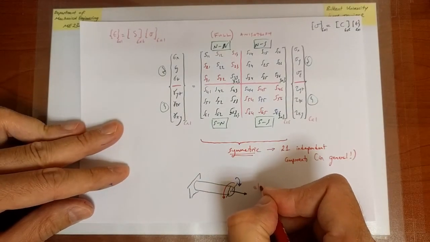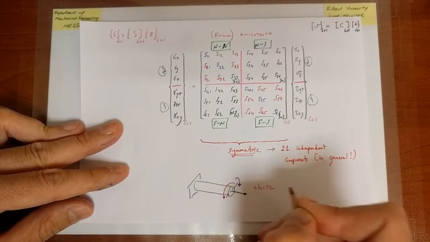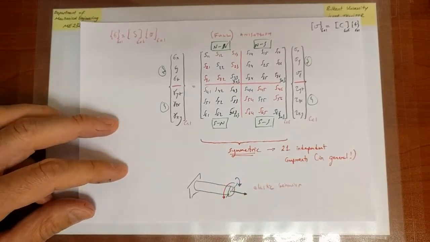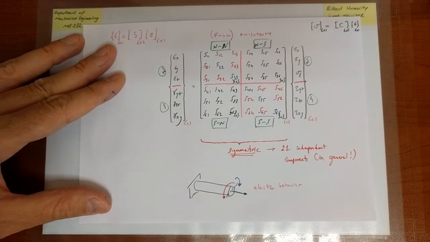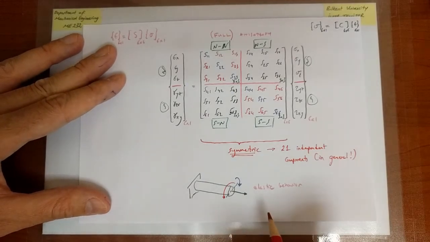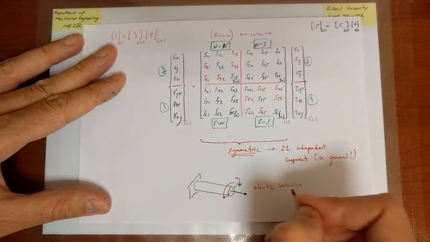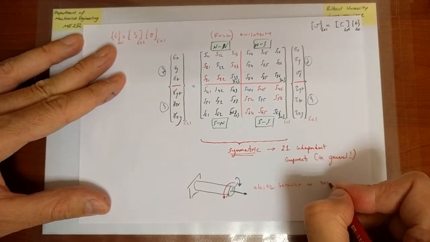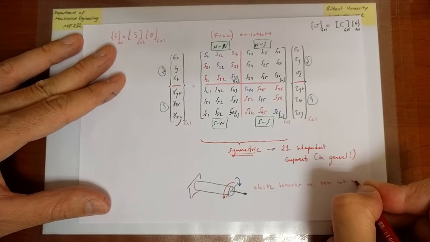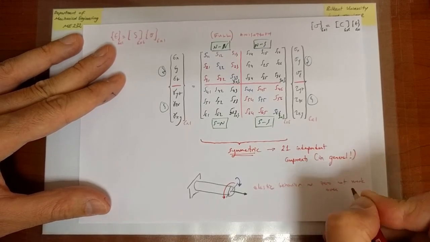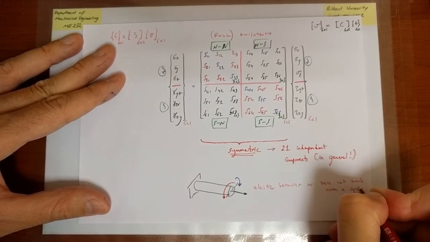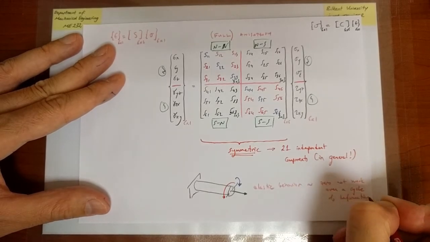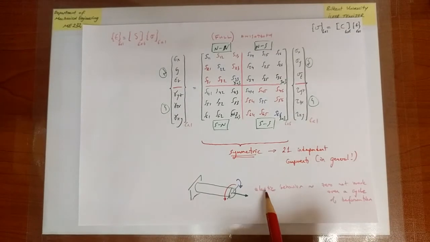So an elastic material behavior is one where you expect, and in fact this argument is irrespective of whether the deformations are small or not, but the argument is that elastic behavior is associated with zero net work over a cycle of deformation. Now, why is that specific to elastic behavior?